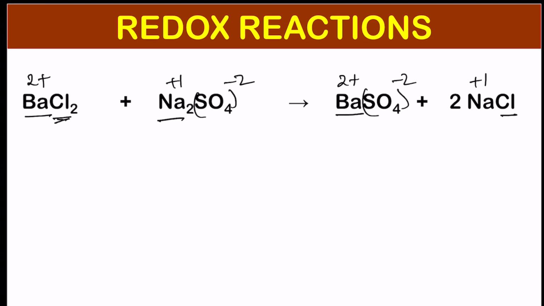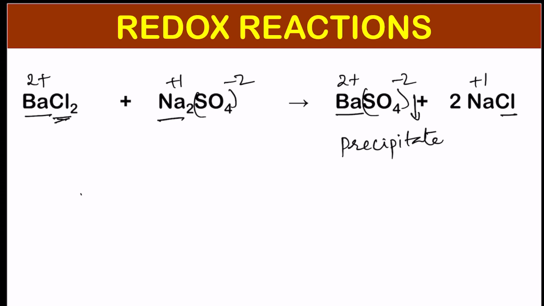This is an example of a precipitation reaction because barium sulfate that is formed is a precipitate. In a precipitation reaction, you just find exchange of ions and there is no change in the oxidation state.